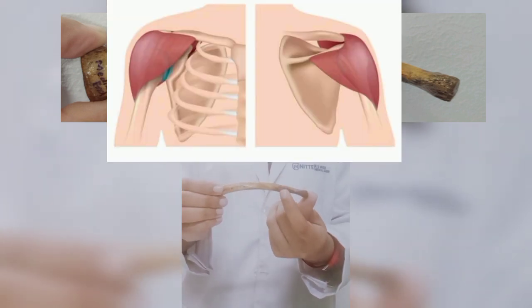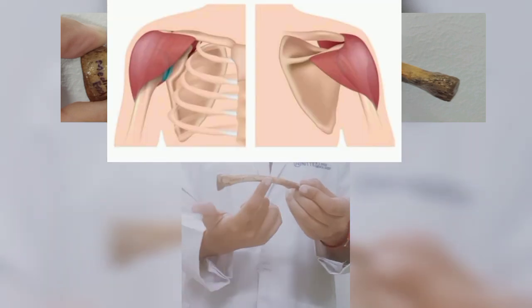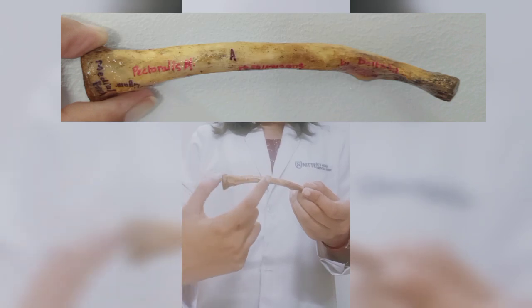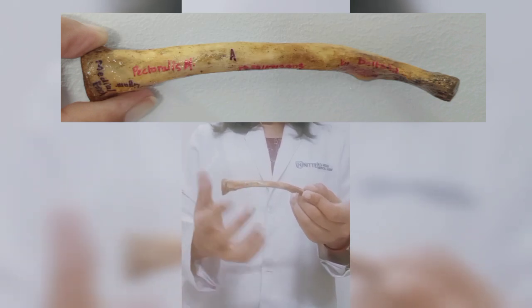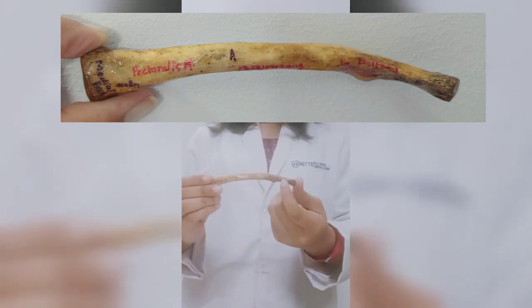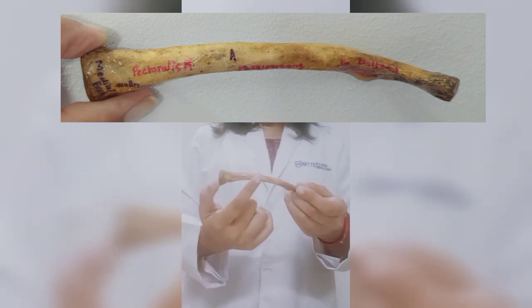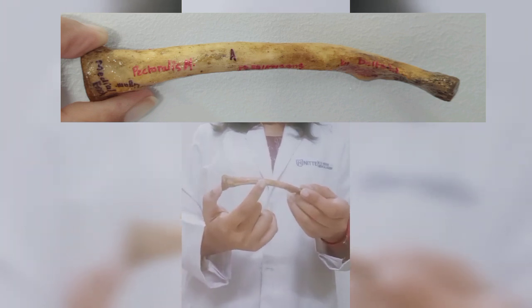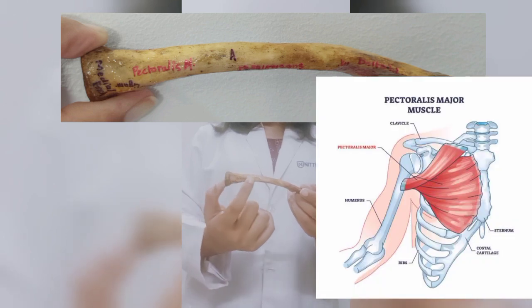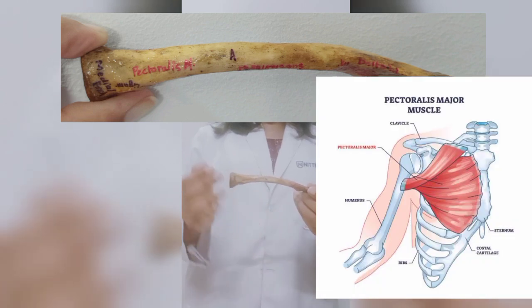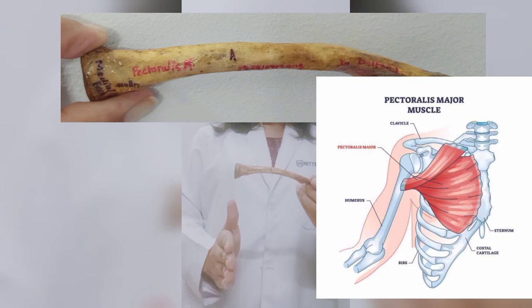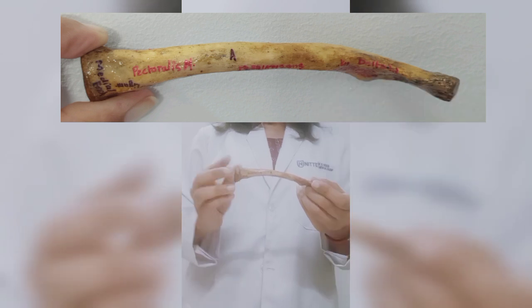As we know, pectoralis major originates from the medial head of clavicle and the sternum.